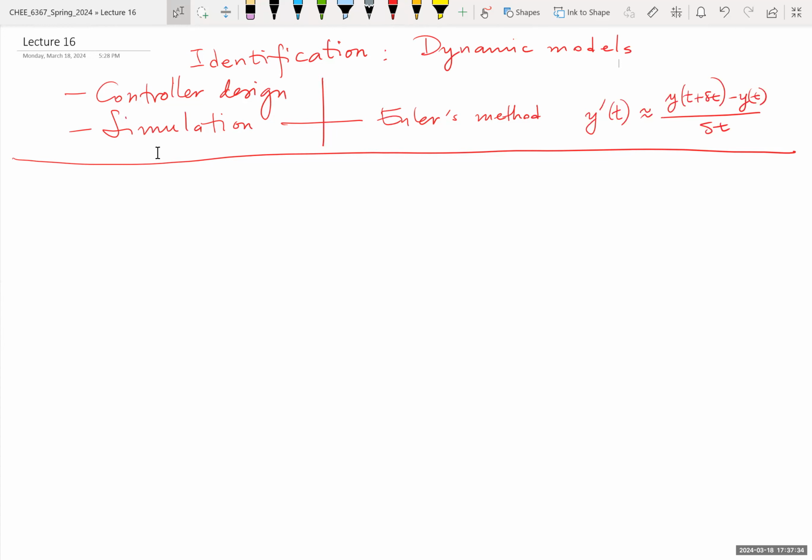We already have seen what imperfections may be fatal. If a model has the wrong sign of the steady state gain, it cannot be used for good control, for control with integral action, that is, because it will push the plant in the opposite direction. Example, if you have an AC, you must know that when the AC is on, the temperature goes down. Eventually, the steady state gain is negative.